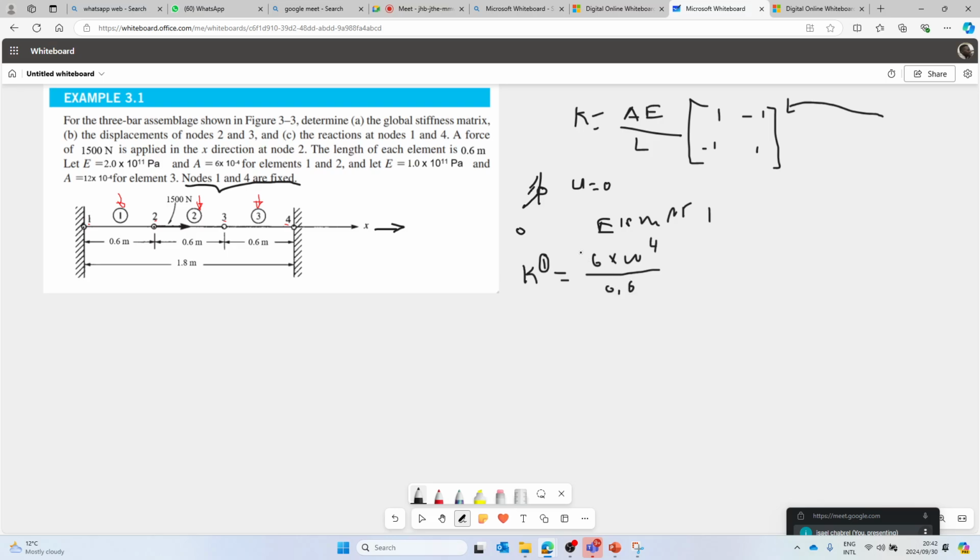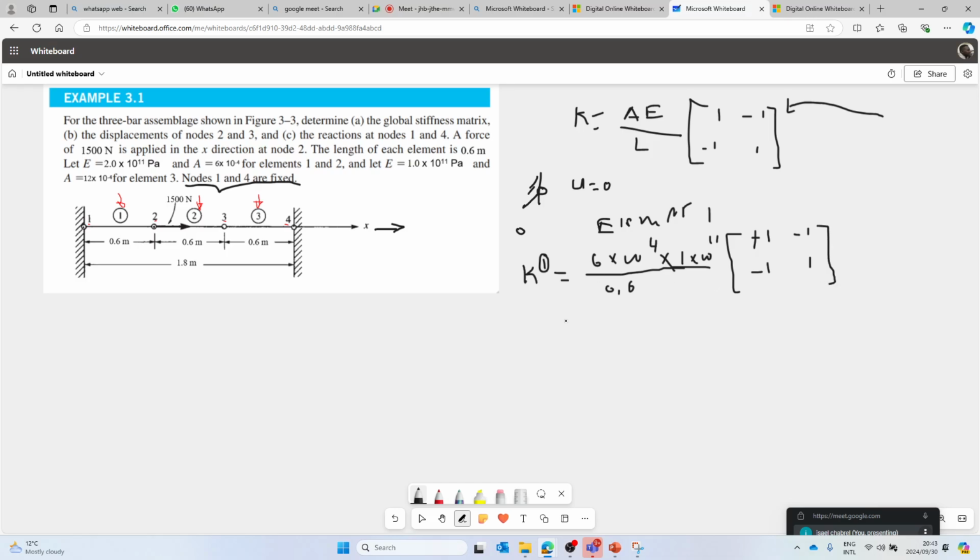What is E? E is the rigidity, given as 1 times 10 to the 11. Now what do we have? We have 1, minus 1, minus 1, and then 1.